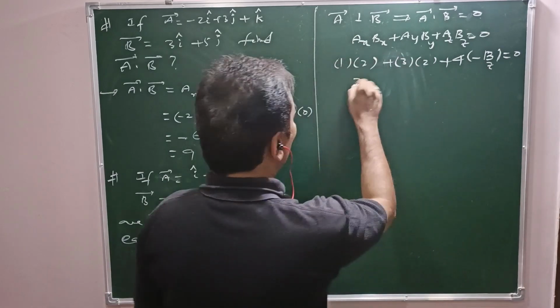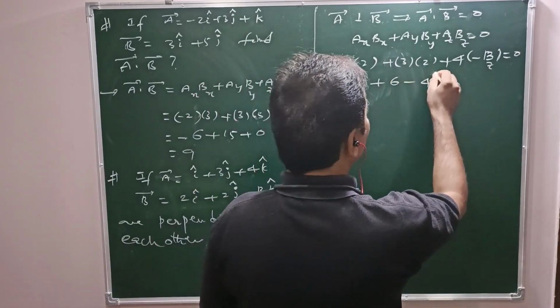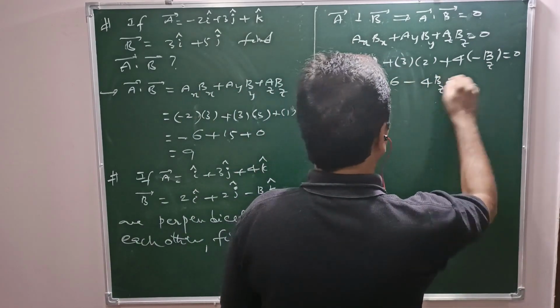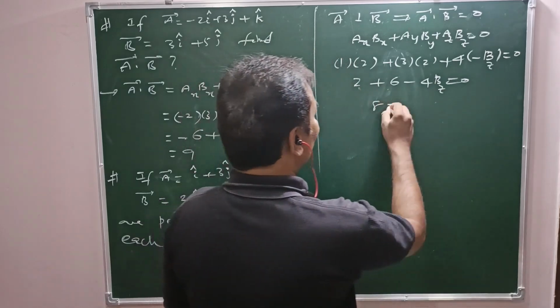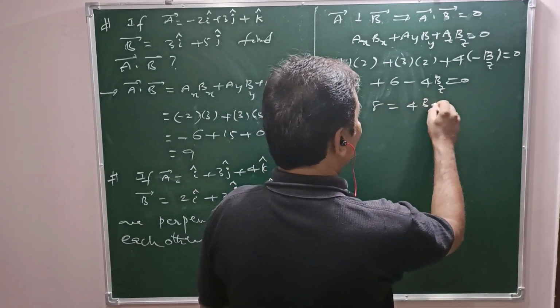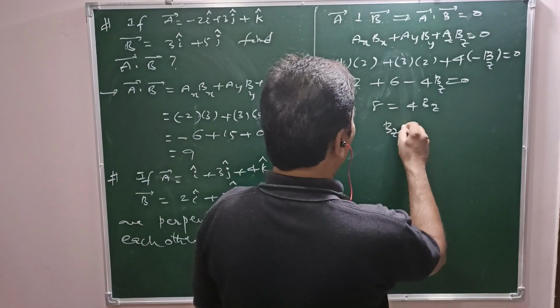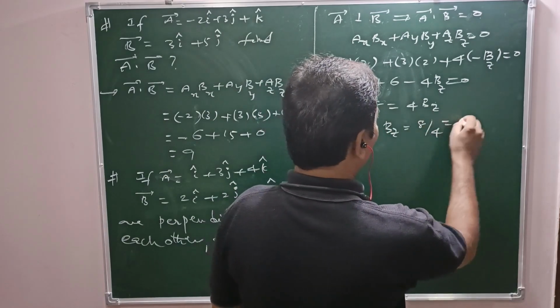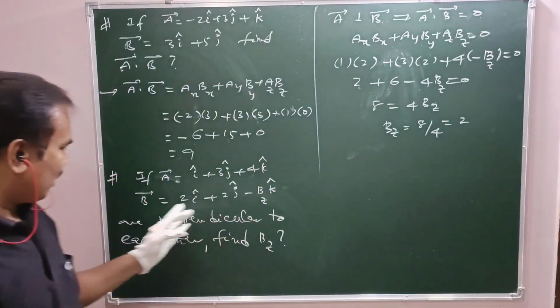That is 2 plus 6 minus 4 bz equal to 0. So 2 plus 6, 8 equal to 4 bz. So bz equal to 8 by 4, that is 2. So the z component for b bar is 2.